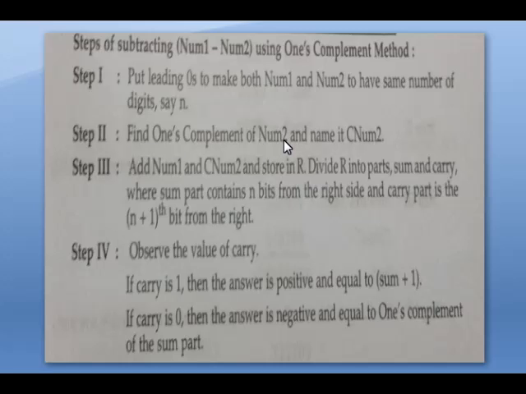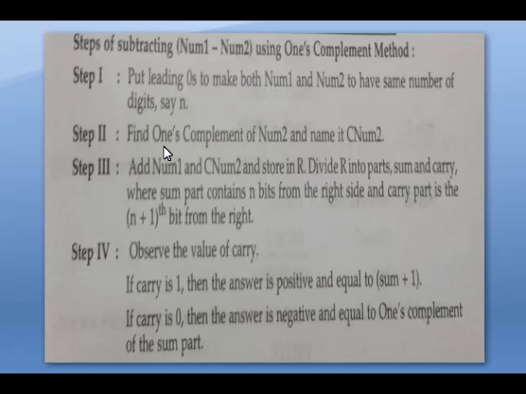Find the ones complement of the second number and then name it as C num2. So there are two numbers, num1 and num2. Num1 is the first number, num2 is the second number. First we have to make these two numbers equal in digits.